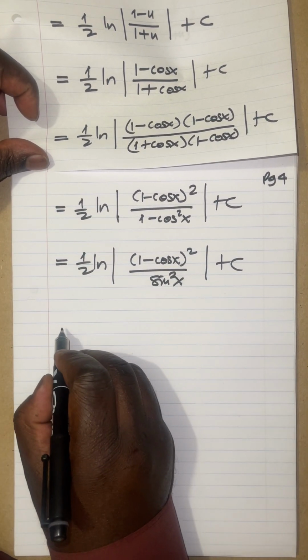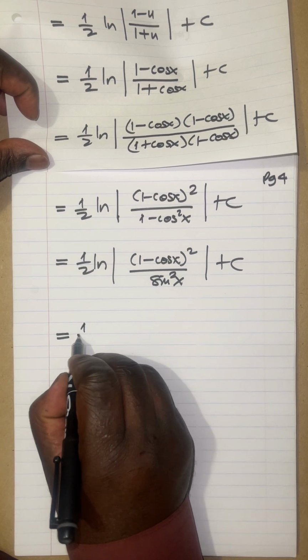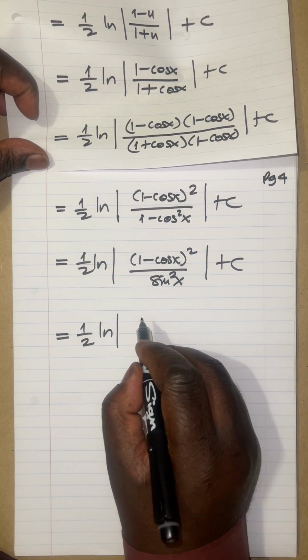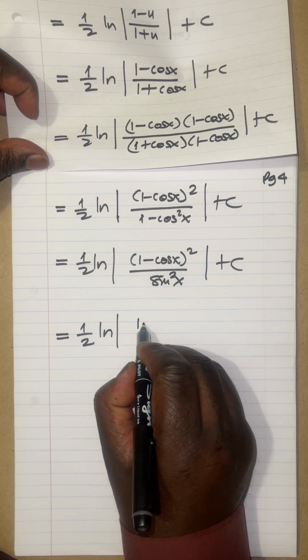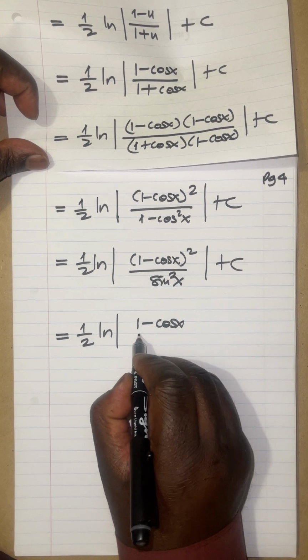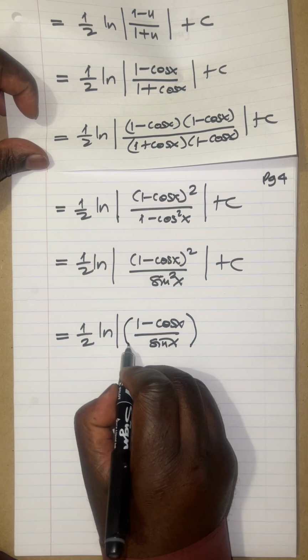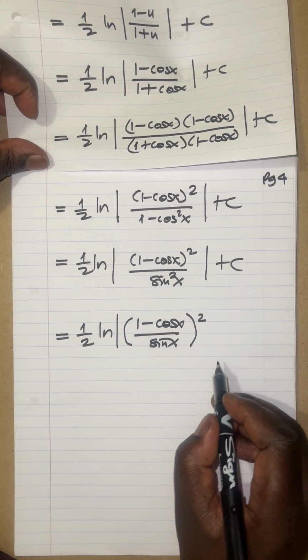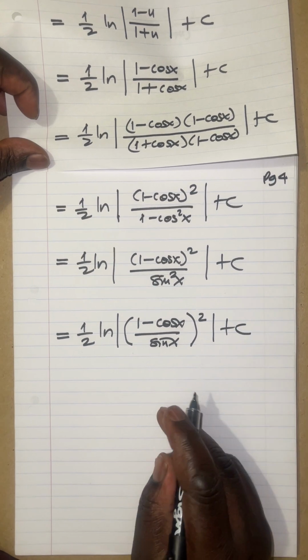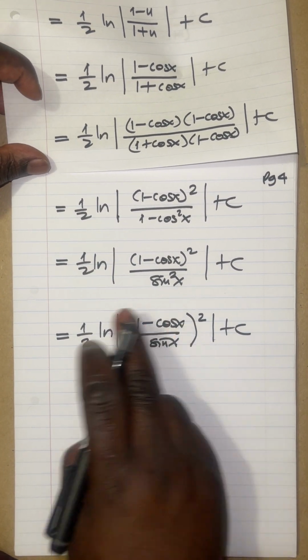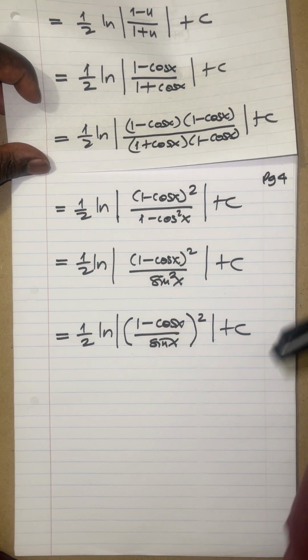Now I'm going to put this one as a square of one expression. So that's 1 over 2 natural log of, watch this, 1 minus cos x all over sine x, and then I'm going to put brackets like this and say squared. It's the same thing, plus c. Like I said, these are not necessary. Using laws of logs, these two can come this way. Remember laws of logs?